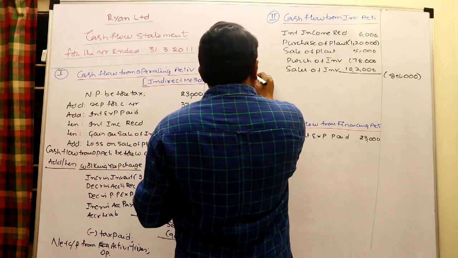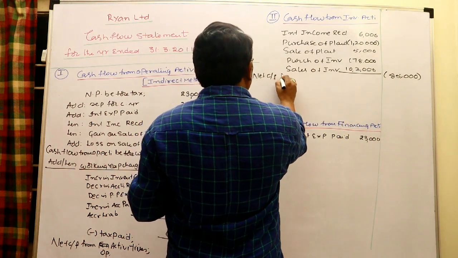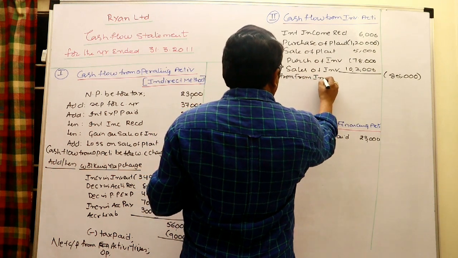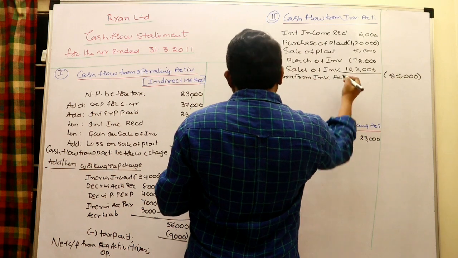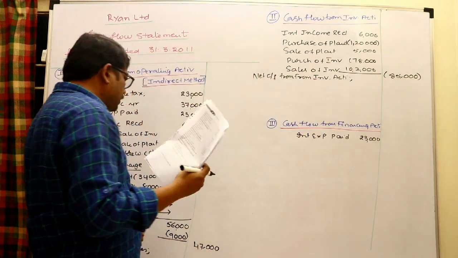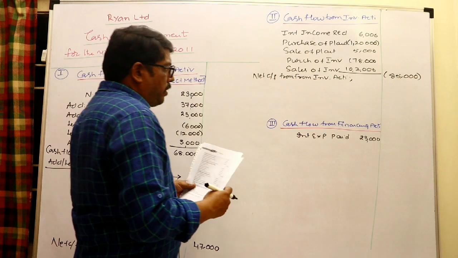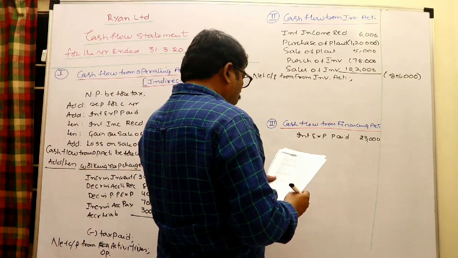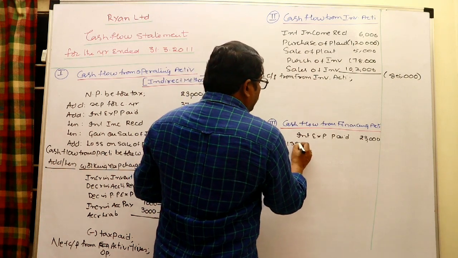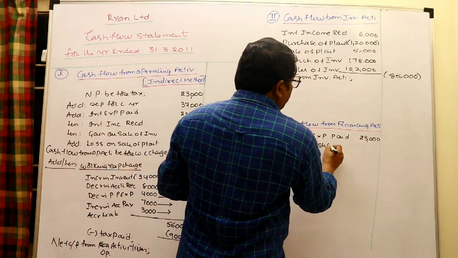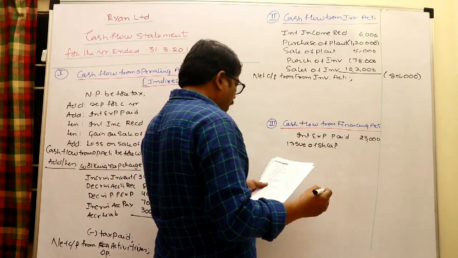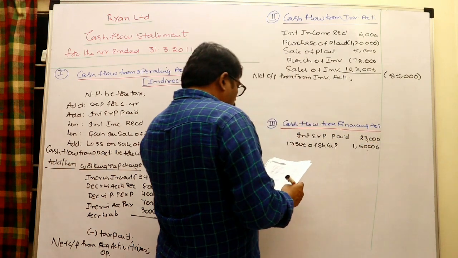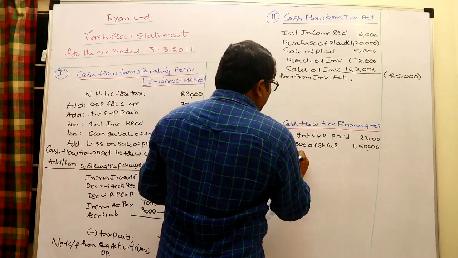We can say this is the net cash flow from investing activities. Come to the last one, cash flow from financing activity. We know that share capital and bonds. Issue of share capital, 1,50,000. Repayment of bonds, 50,000.